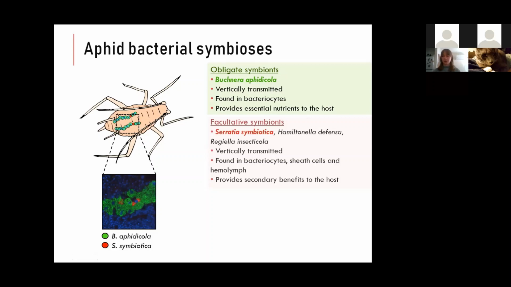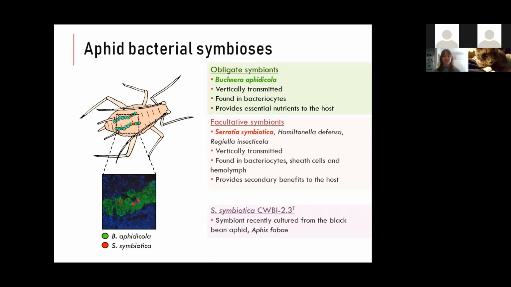These bacteria are also vertically transmitted from parent to offspring, and they're found inside of those same specialized cells, the bacteriocytes, but also throughout more of the body, like sheath cells and hemolymph, or the insect blood. They provide secondary benefits to the host, like tolerance to heat stress or protection from wasp parasitoids. These facultative symbionts are the ones that we were able to colonize a lot more easily than the obligate ones, which are very reliant on their host for survival.